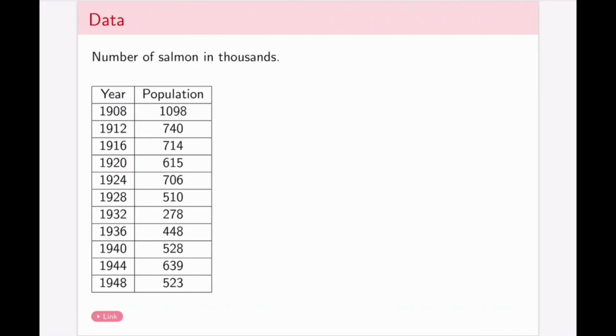These are the numbers of salmon in thousands as they have been tracked through the early 1900s in the Skeena River.